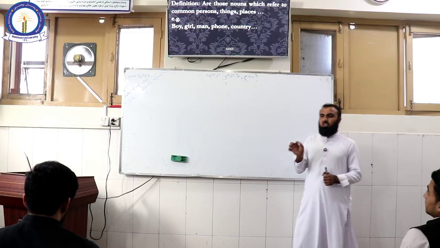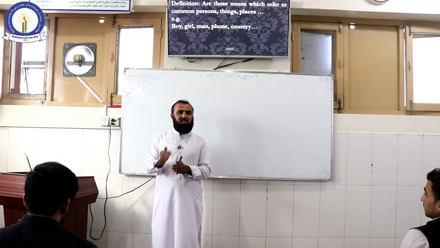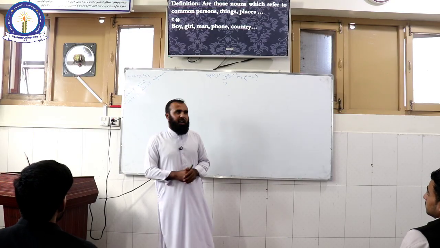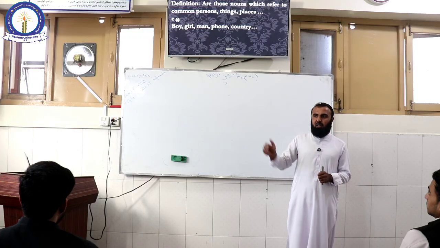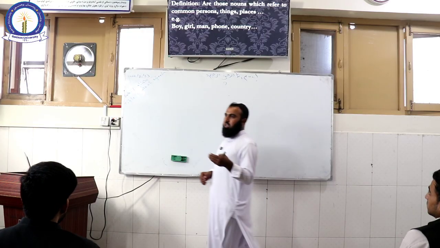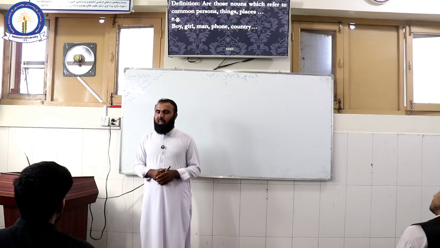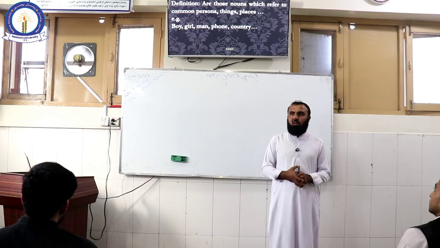Common nouns are those nouns which refer to common persons, places, things, and etc. Like a boy, a man, a girl, country, province, district, and etc. These nouns are called common nouns.